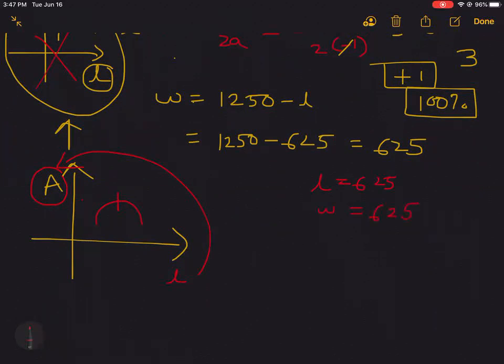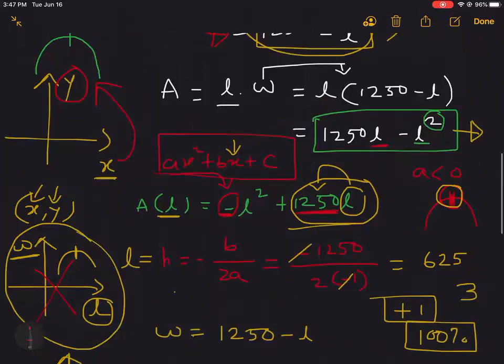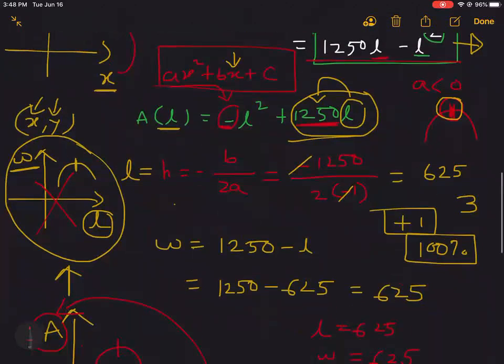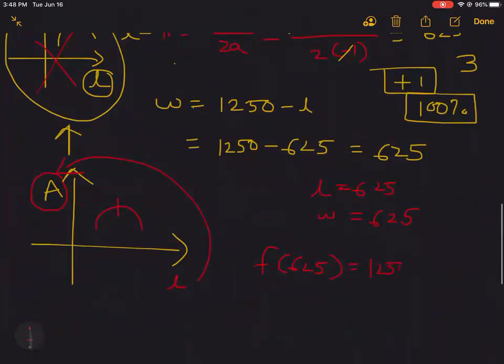What we can do is plug in f of 625 in this function, which is 1250L minus L squared. We can do that, or we can use our geometric intuition. Either way, you will get the same result.